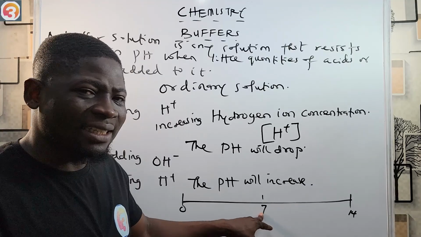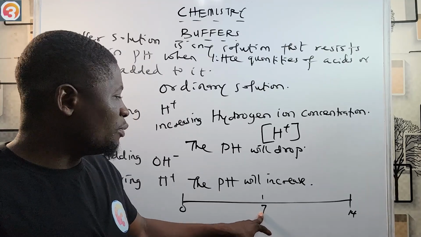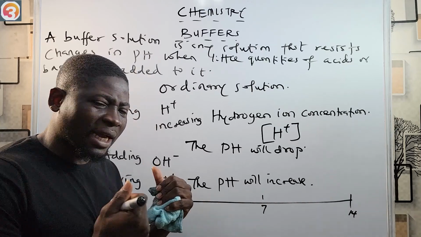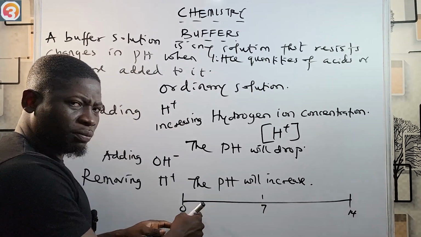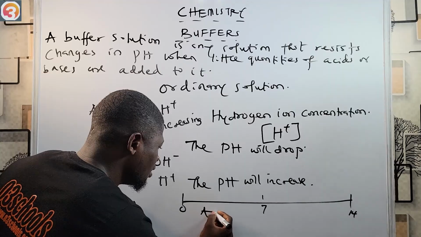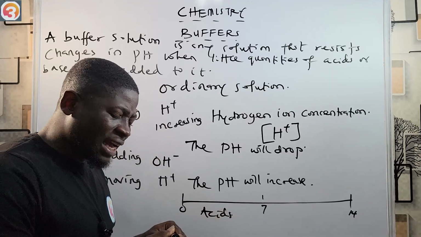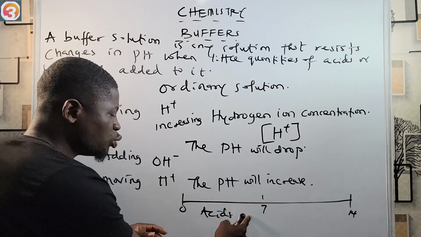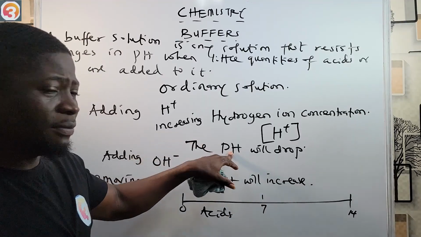So if we are adding acid to this neutral solution, it means that the acidity of that solution will become stronger, and that means the pH will drop, because for acids, acids have lower pH than bases. So the pH will drop. That's why we're saying the pH will drop here.